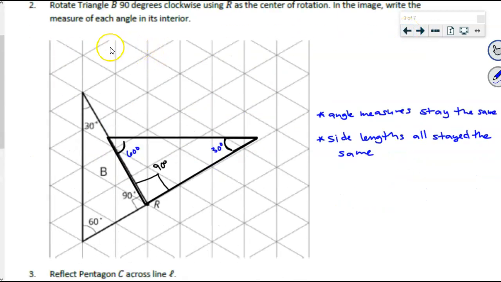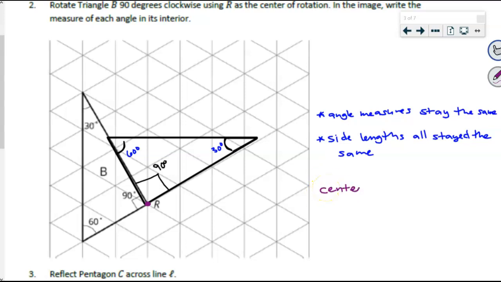In a rotation, there are certain things that we need. In order to make that applet work, we needed to know what the center of rotation was. Okay, that center of rotation was this. We also needed to type in how much we were rotating it. So we need to make sure that when we are talking about rotations, when we're defining them, we need to define rotations using a center of rotation.